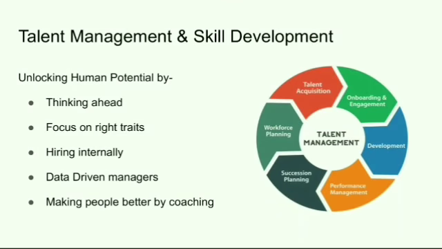The next most important part is talent management and skill development. Unlocking the human potential, whether there would be new joinees or the people working with us for a longer time, say for 10 years, 15 years, or whatever the life of the business has been. So unlocking the human potential is a must for every organization.